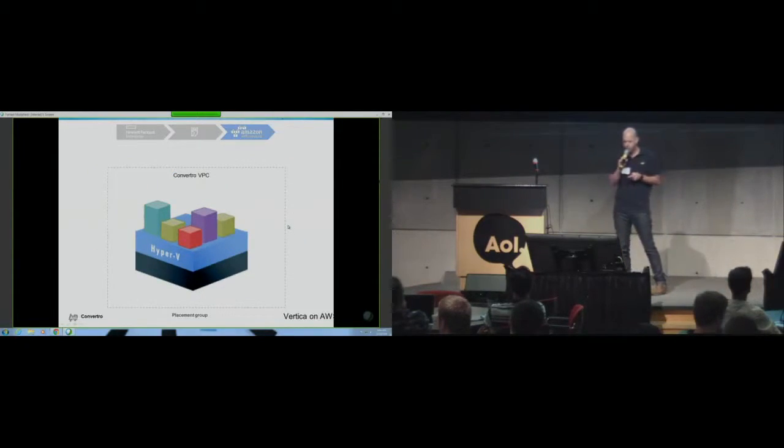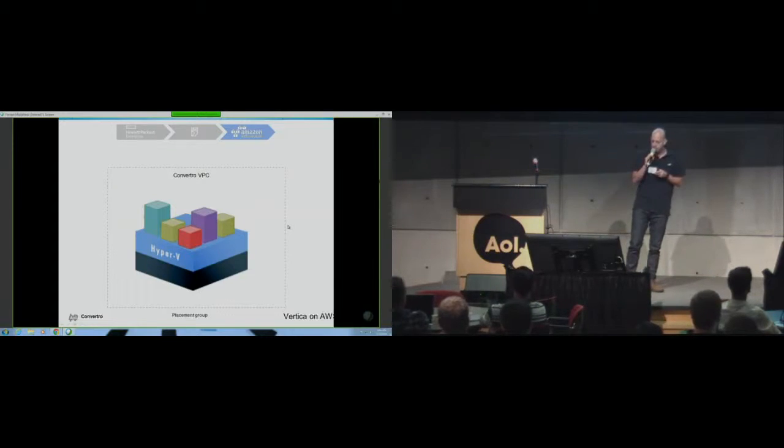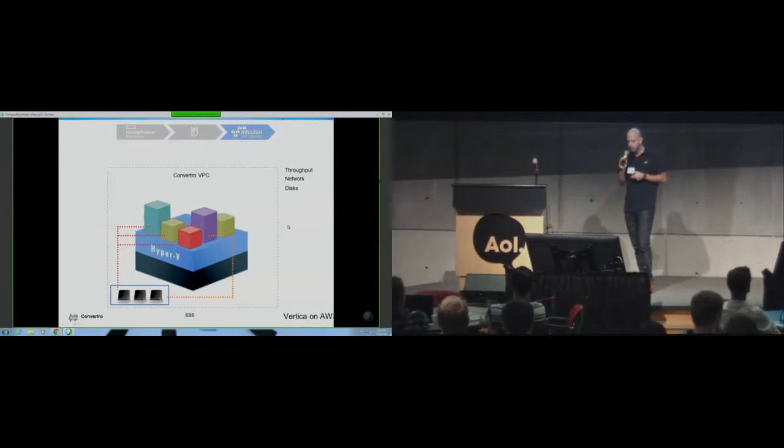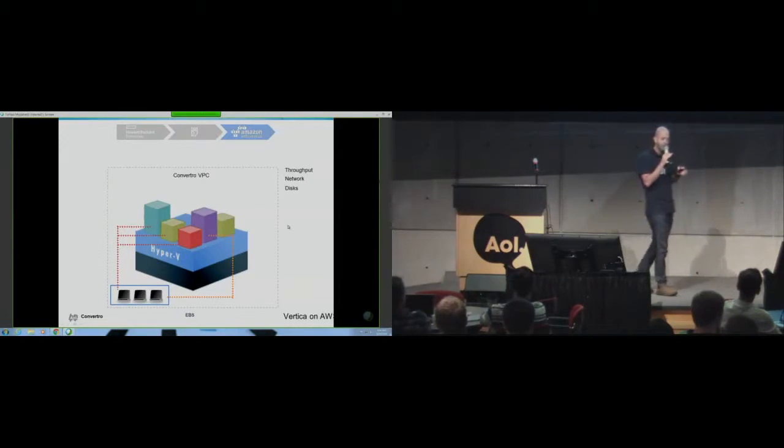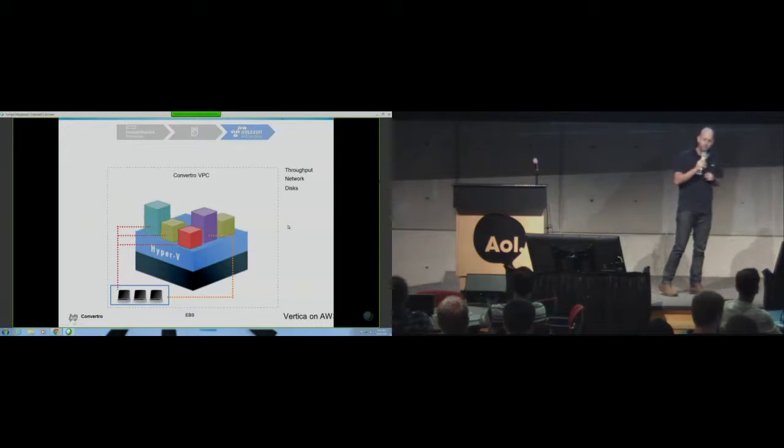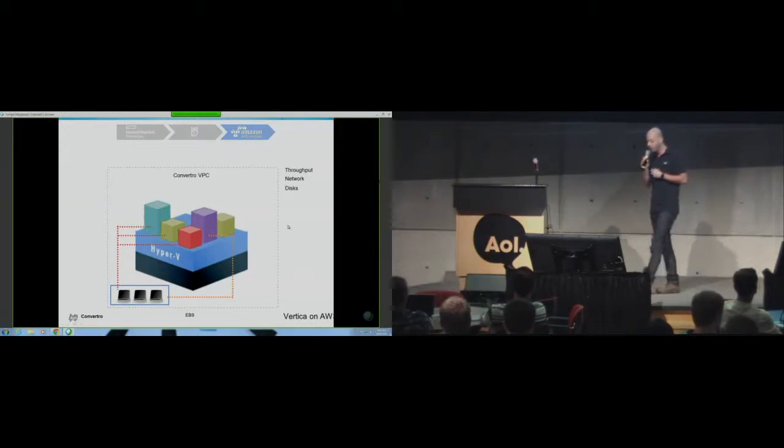But if we drill down into one placement group, one rack, we can still see that we have several types of instances. And we want our instance to get the most throughput it can. So you need to choose an instance that is compatible with Vertica. Vertica loves fat instances with a lot of RAM, a lot of cores.